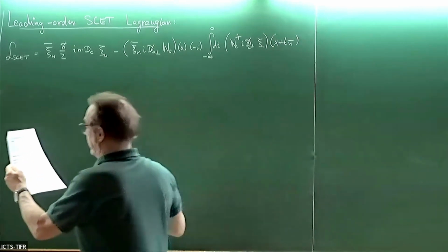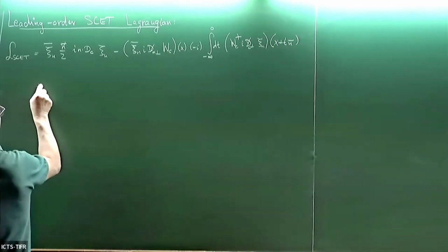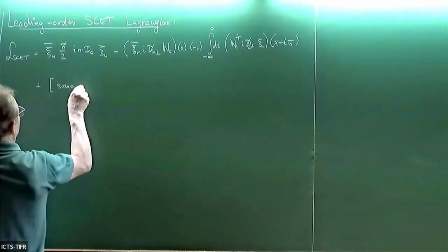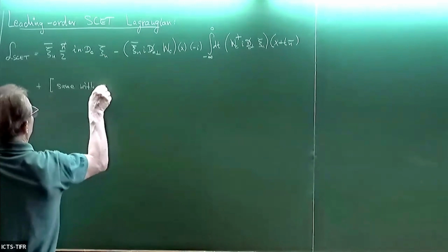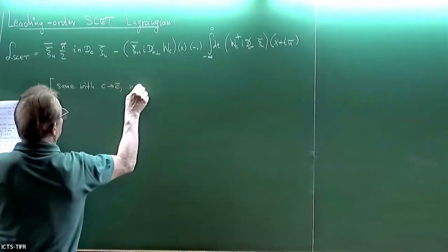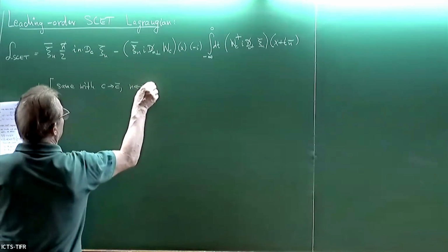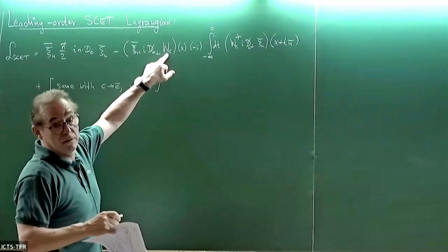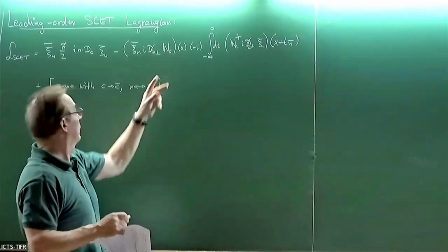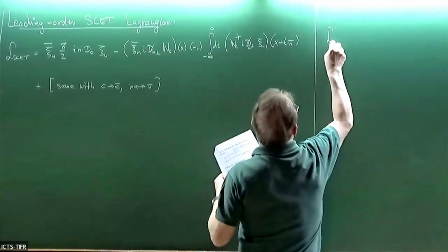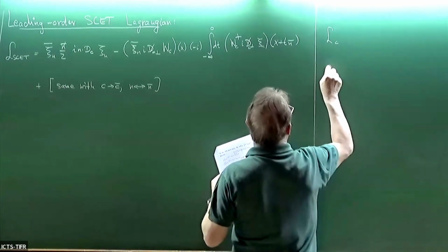So that's the collinear Lagrangian, plus now the anticollinear Lagrangian. Same with C to C bar and n and n bar interchanged, including the Wilson lines. The Wilson lines here have n bar in it, and the Wilson lines in the collinear sector would have n in it. So this is L_C, this is L_C bar.